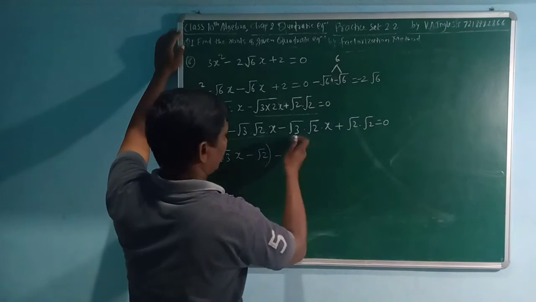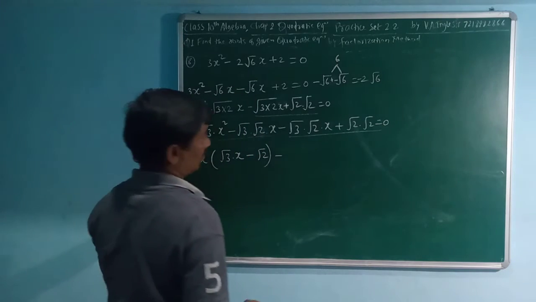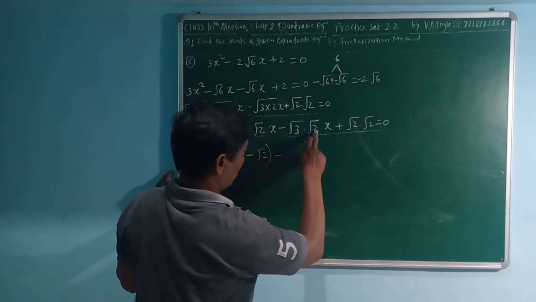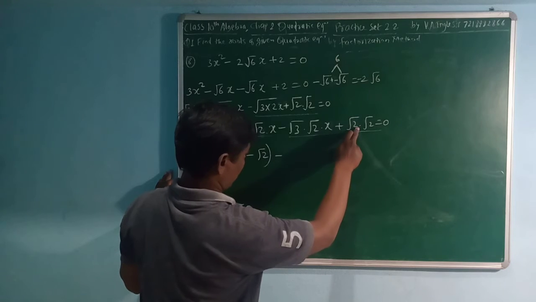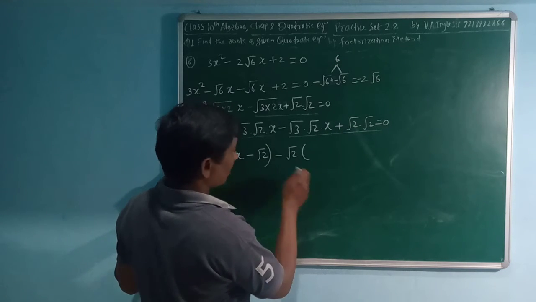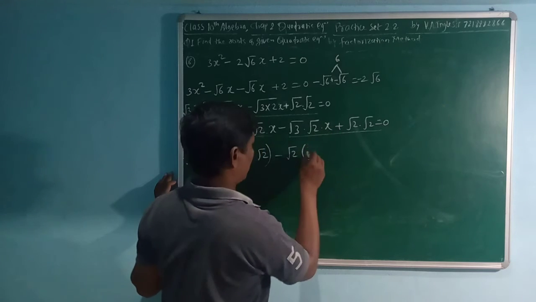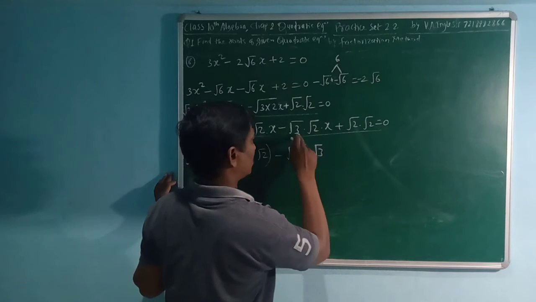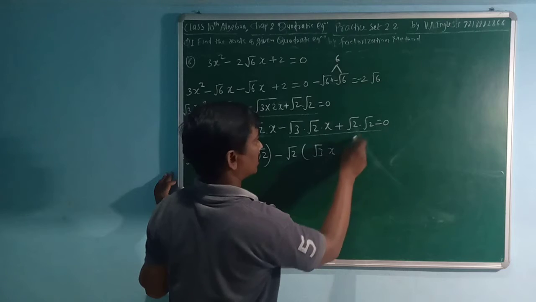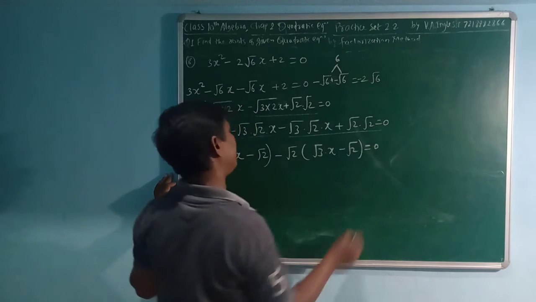Now between these two terms, root 2 is here and also here, so we'll take minus root 2 as common, so that this will be minus root 3 into x, and this will become minus root 2 only.